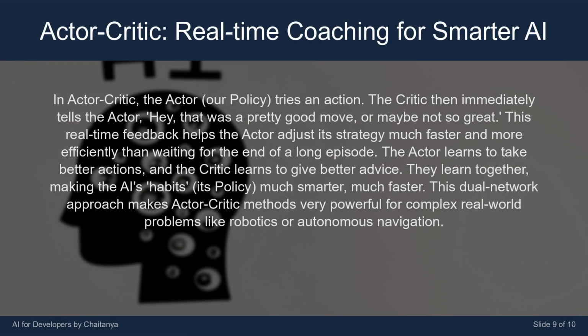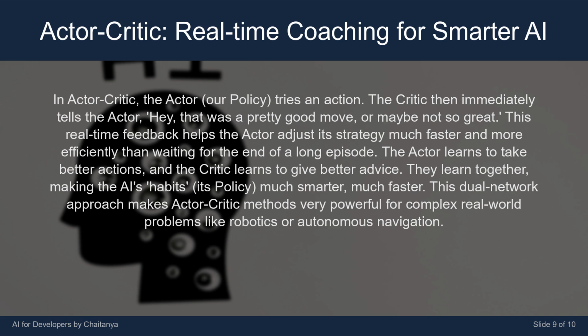In Actor-Critic, the actor, our policy, tries an action. The critic then immediately tells the actor, "Hey, that was a pretty good move," or maybe not so great. This real-time feedback helps the actor adjust its strategy much faster and more efficiently than waiting for the end of a long episode.